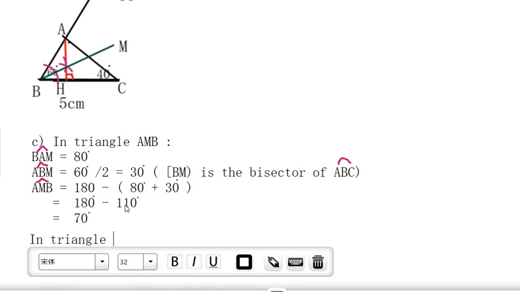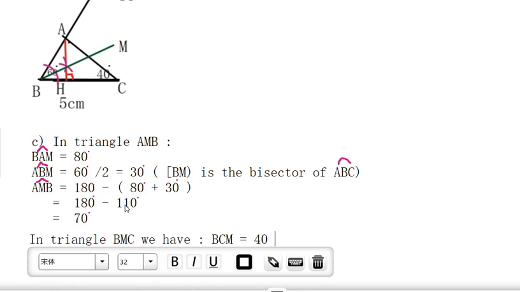In triangle, the second one is BMC. We have angle C, or MCB, or BCM. BCM equal to 40 degrees, it's given.